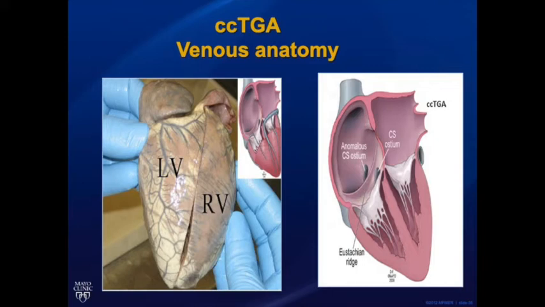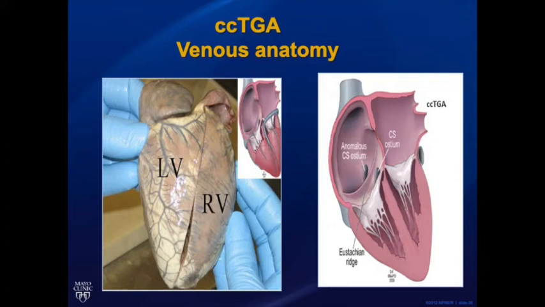Very few hearts do not have this in CCTGA, and as a result, wire manipulation or catheter manipulation can go into one of these Thebesian vessels and you have to be alert to that possibility without thinking that this is an unusually located coronary sinus ostium. The second is the veins stick with the ventricle.